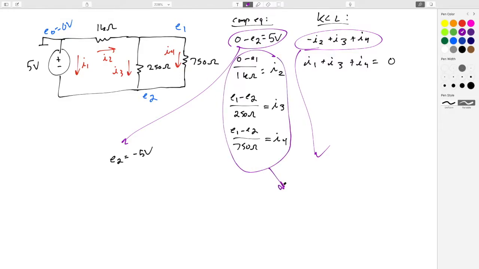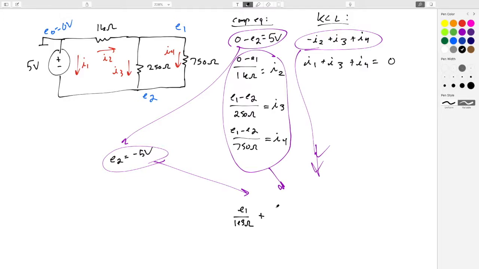So let's take this, this, and this thing and substitute in and see what we get. So it'll be negative I2, so that's going to be E1 over 1e3 ohms plus I3.